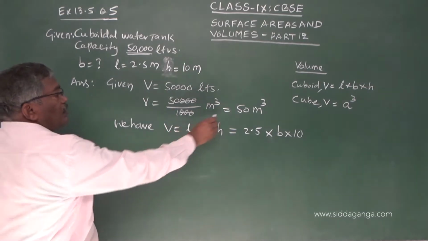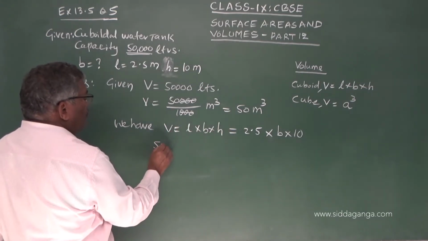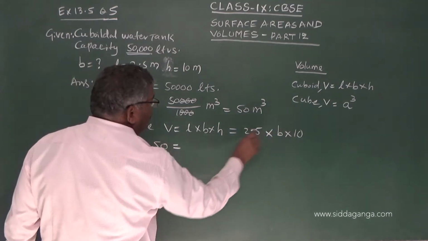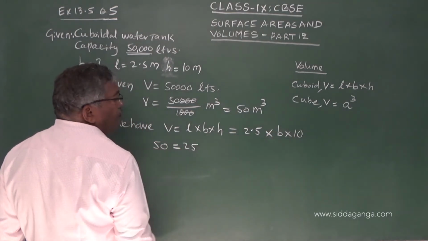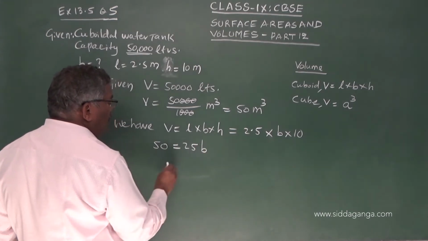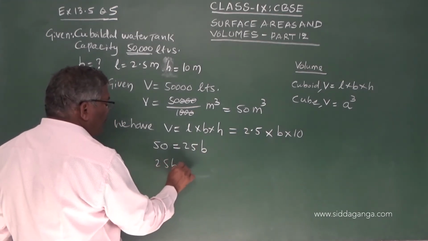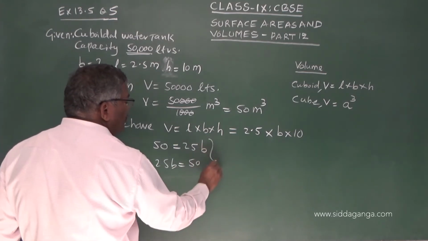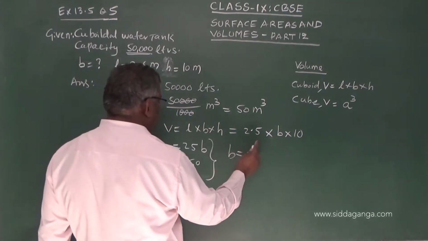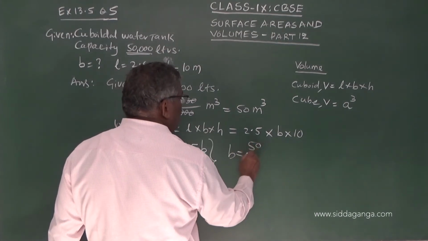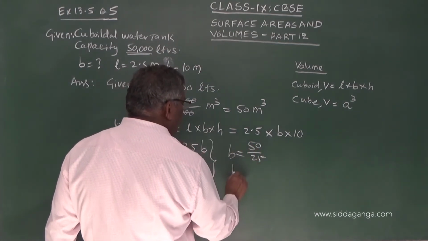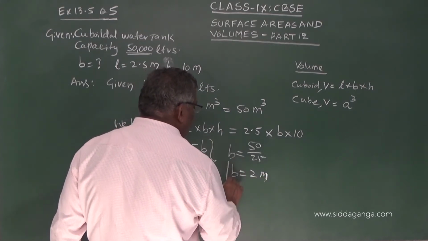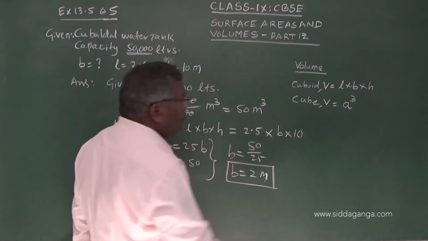But volume is 50 meter cube. So, 50 equals 2.5 into 10, which is 25 B, or 25 B equals 50, or B equals 50 divided by 25, B equals 2 meters.